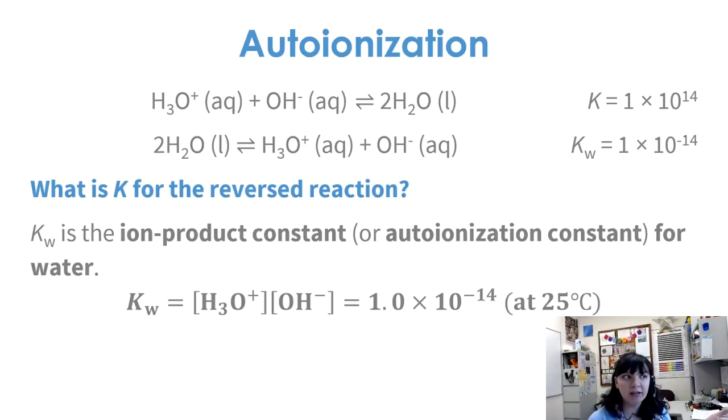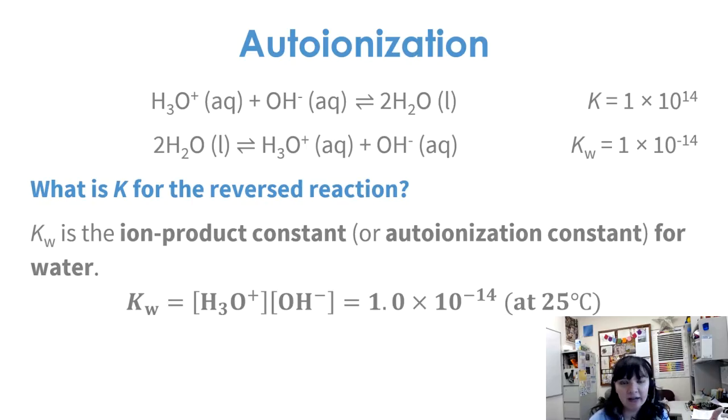It is the expression of the products over the reactants. And in this case, our products are H3O plus and OH minus. Our reactant is just liquid water, but because pure liquids don't appear in the equilibrium constant expression, right, our Kw is basically equal to the concentration of hydronium times the concentration of OH minus.